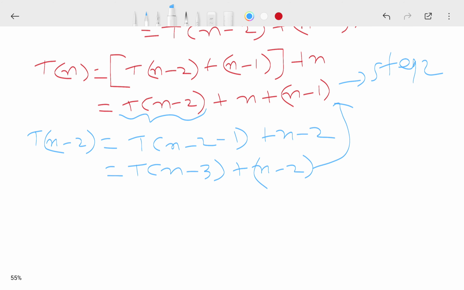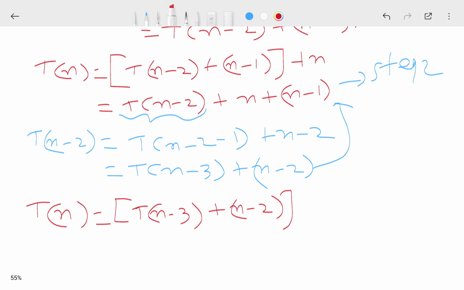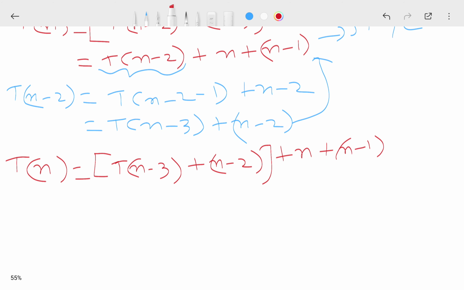So now we can reduce T of n equal to T of n minus 3 plus n minus 2 plus n plus n minus 1. So this is T of n minus 3 plus n plus n minus 1 plus n minus 2.